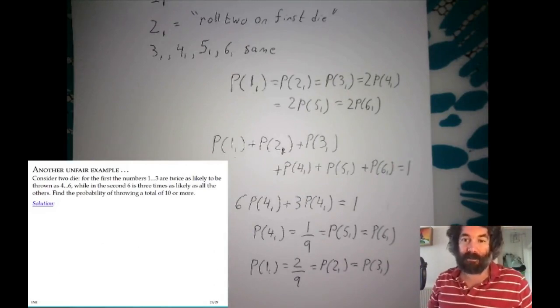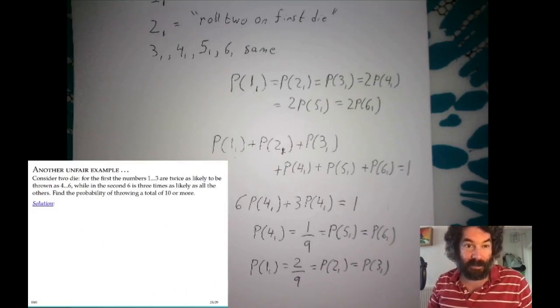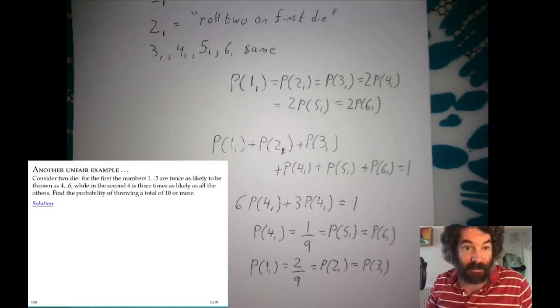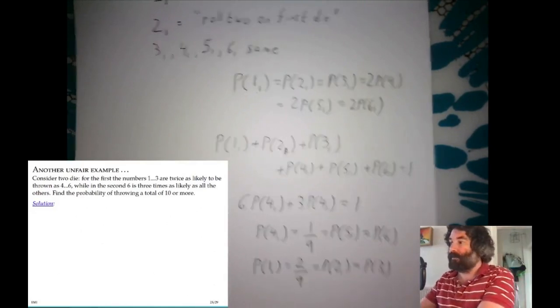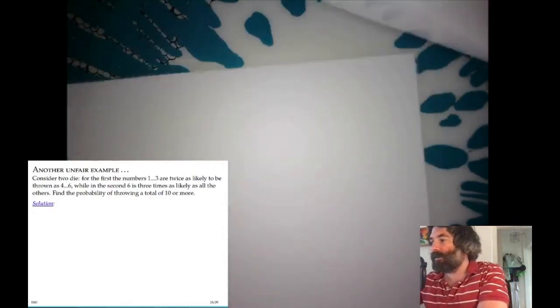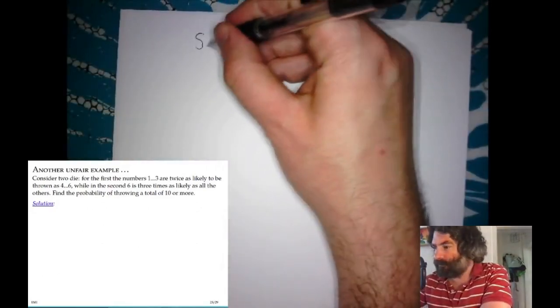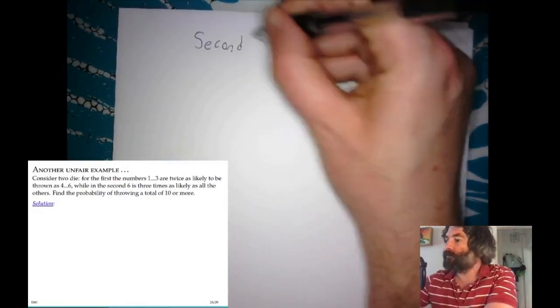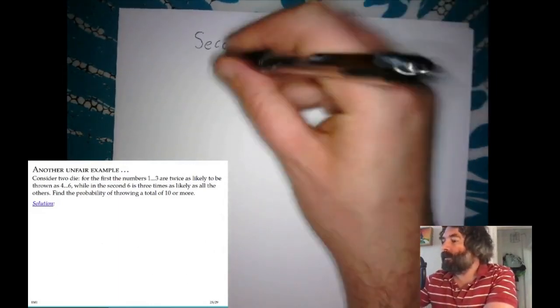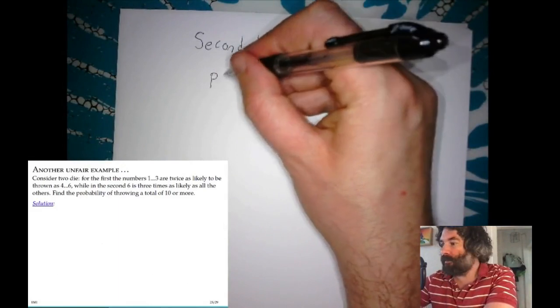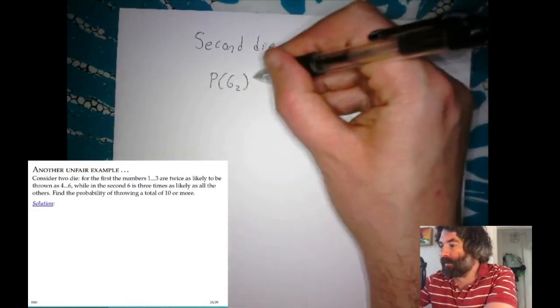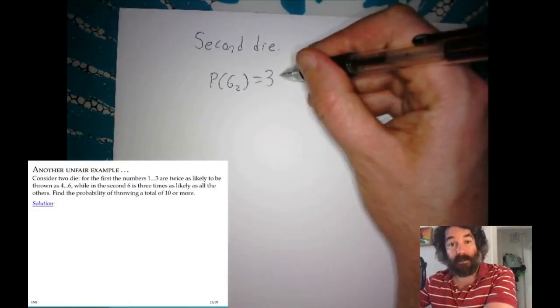And now we want to think about the second die. So on the second die, the probability of rolling 6 is 3 times as likely as the probability of rolling any other number. And so we can do essentially the same thing with the second die. We have that the probability of rolling 6 on the second die is 3 times as likely as any of the other outcomes.